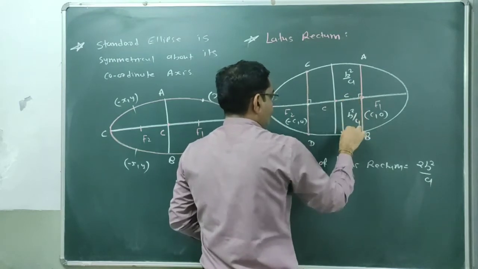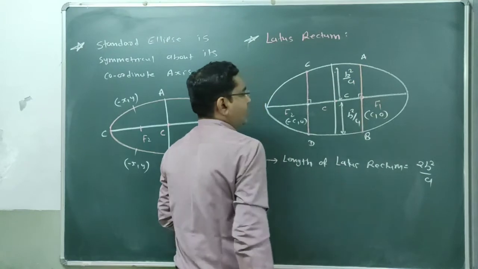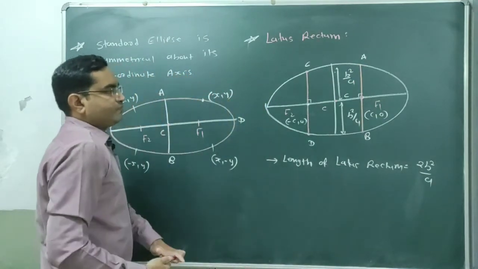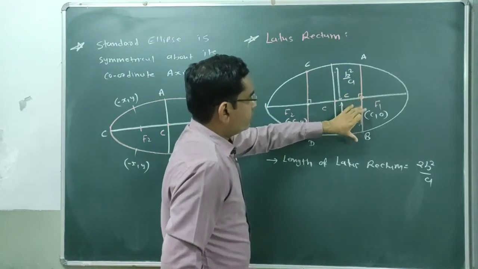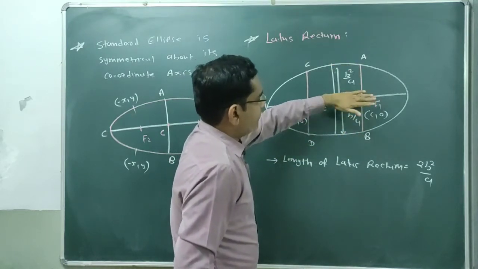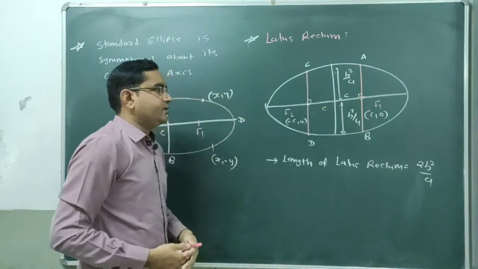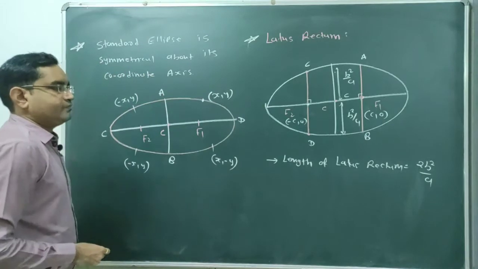So total length of this latus rectum is 2b square by a. From here this distance will be b square by a. This distance will also be b square by a because this ellipse is symmetrical about this x-axis. Clear? So length of latus rectum will be 2b square by a.